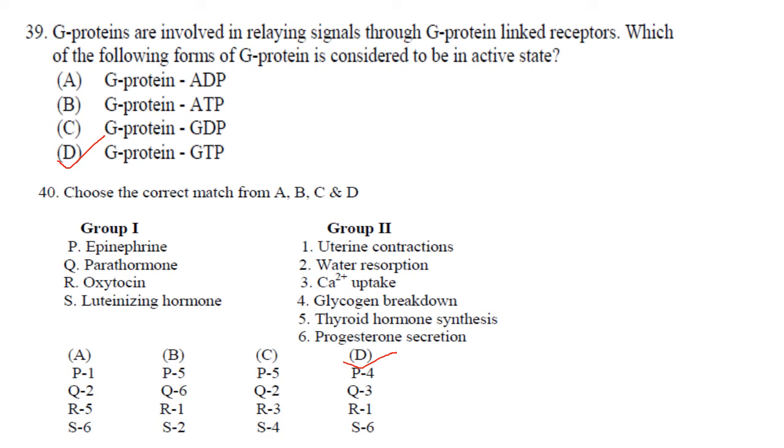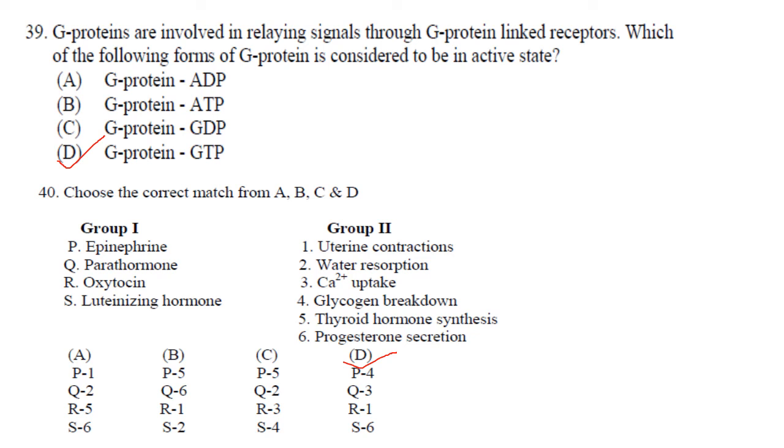Choose the correct match from A, B, C, D. Epinephrine will be glycogen breakdown. Option P is 4. So naturally you will see for option D. We will check the other options, members Q, R and S in group 1.